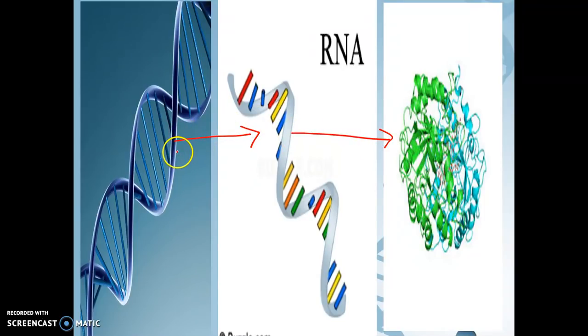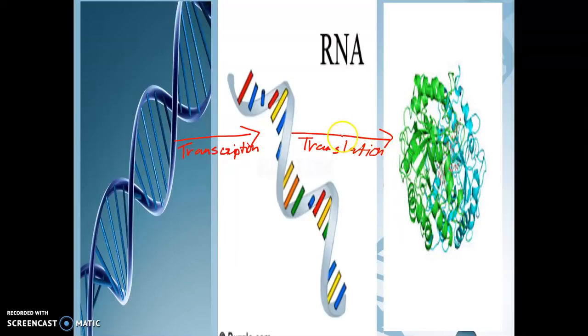The process of making RNA from the codes of DNA is called transcription. That is, the RNA gets the code from DNA, and that process is called transcription. And when RNA uses these codes from DNA to make protein, that process is called translation.